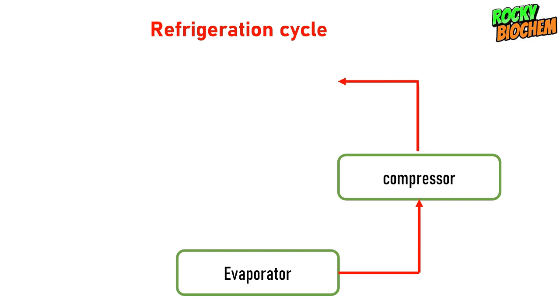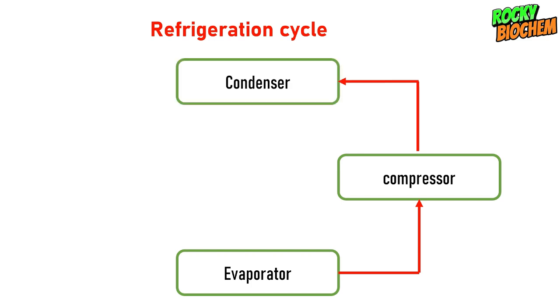That is why after the compression, the temperature of the saturated vapor also increases to become a superheated vapor. Then some amount of the superheat will be removed, and it will enter the condenser region. As the name implies, the condenser will condense the vapor back to liquid stage.